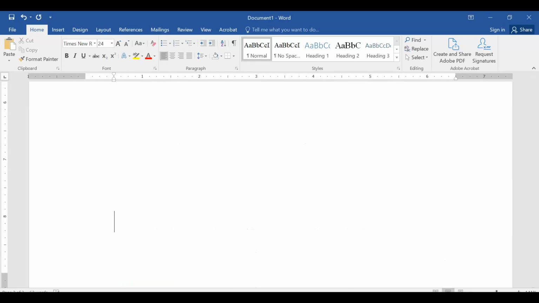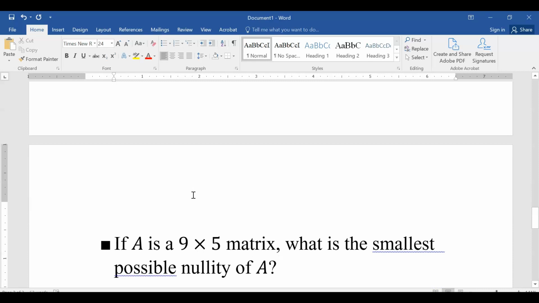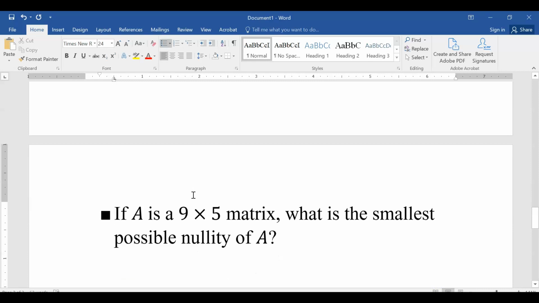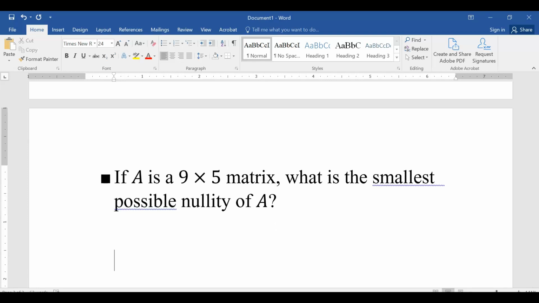Last question here, we have a 9 by 5 matrix. What's the smallest possible nullity? Well, if you think through this matrix, I'm not going to write it down, but what you'll have is 9 rows and 5 columns, and we can create a pivot position in every single column.